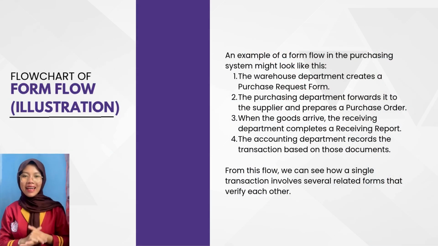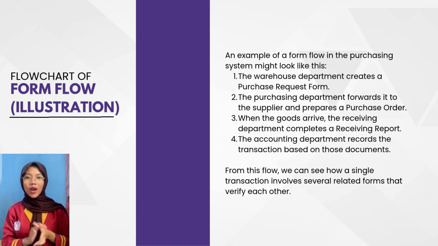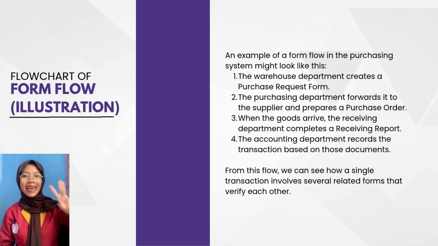Let's take an example from the purchasing process. Here is how the flow of forms might look. 1. The warehouse department creates a purchase request form. 2. The purchasing department processes it and issues a purchase order to the supplier. 3.